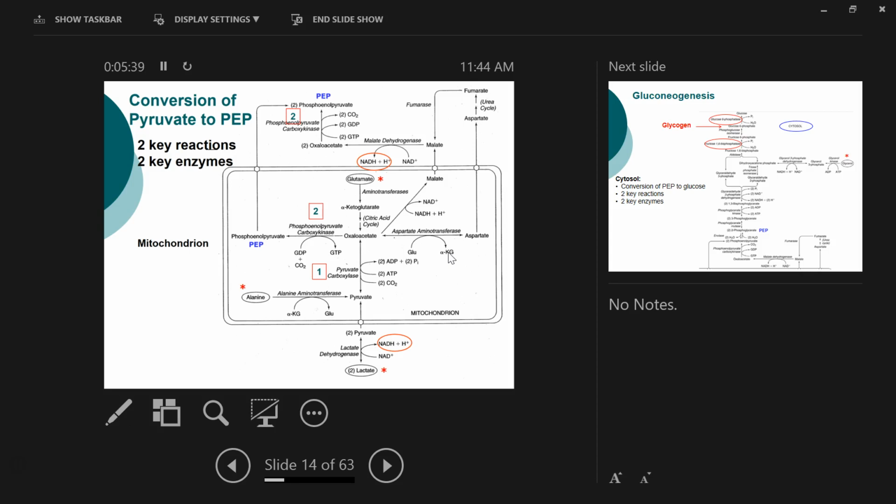After alpha ketoglutarate goes through several reactions in the TCA cycle, it converts to oxaloacetate, and oxaloacetate leaves the TCA cycle and is converted to PEP. So only this reaction, catalyzed by PEPCK, or phosphoenolpyruvate carboxykinase, is needed for gluconeogenesis from glutamate.